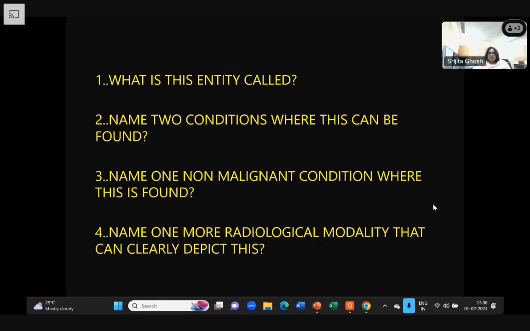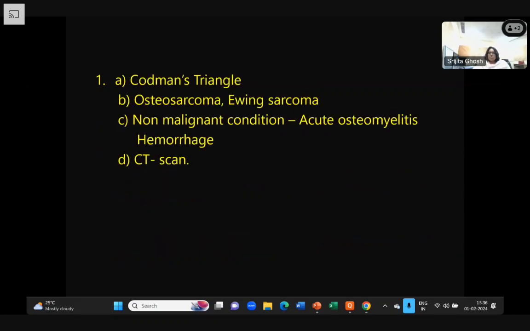Raviraj, you're right. Name one more radiological modality which can clearly depict this. Why MRI? When I'm talking about periosteal elevation, why should MRI be the first choice? It should be CT, no? So Codman's triangle, not command triangle: osteosarcoma, Ewing's, acute osteomyelitis, CT scan.